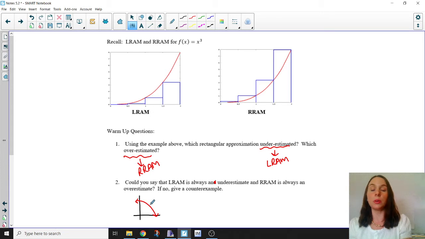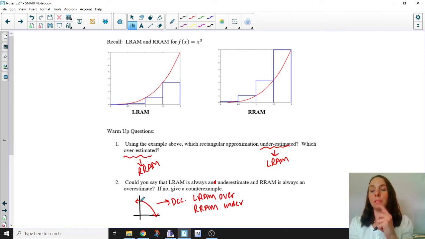If it was decreasing, for a decreasing function, LRAM would be an overestimate and RRAM would be an underestimate. And if you think about it, it would make sense that the left endpoint rectangles that we draw would go over because the left points are higher than the right, and the right would go under.